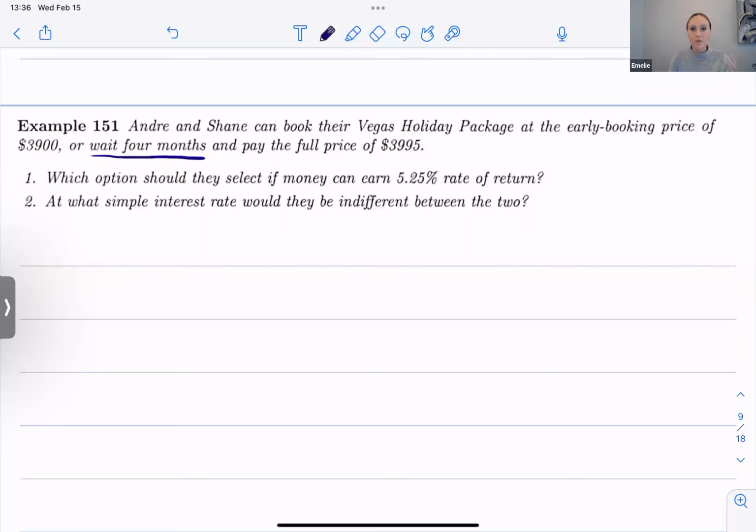And so in terms of the time value of money here, we have 3,900 as a present value. They can pay that right away, or in 4 months they can pay $3,995. So what we can do is draw a timeline.